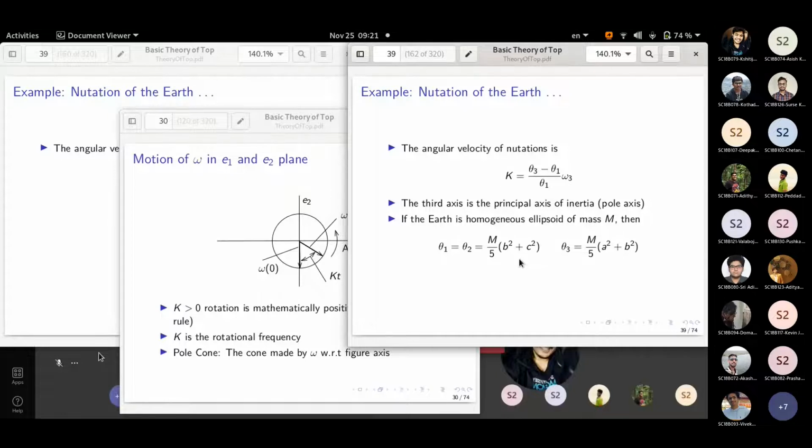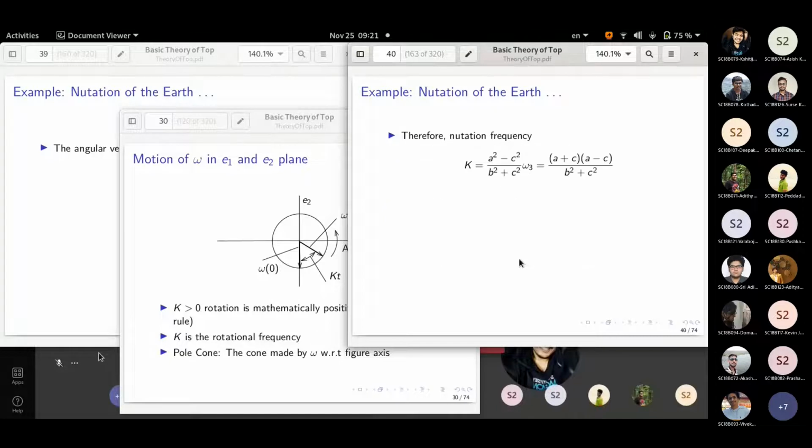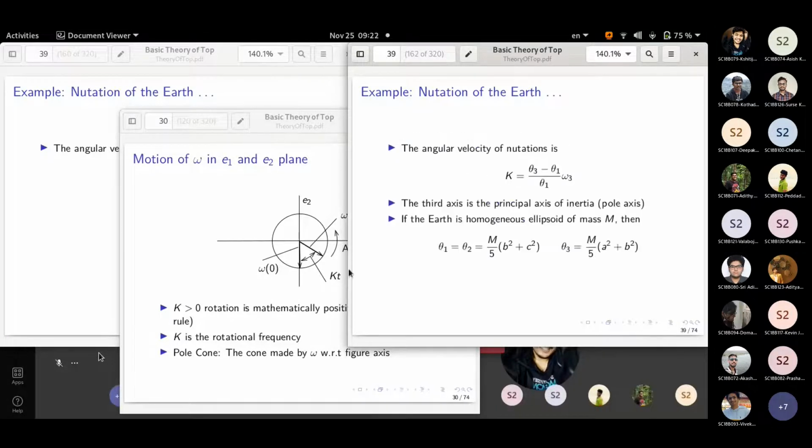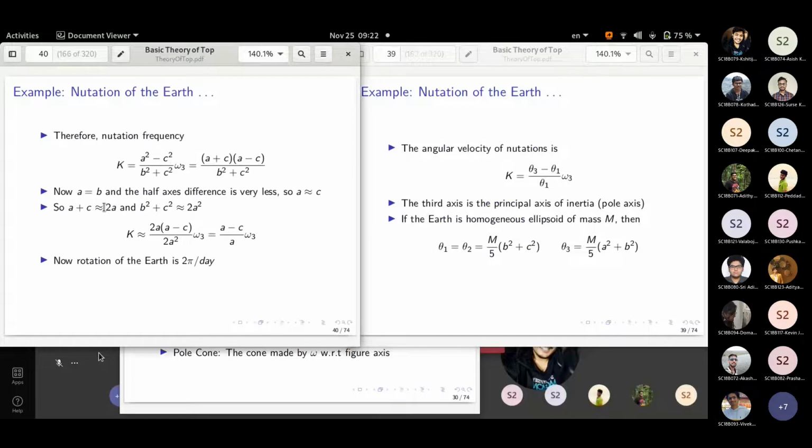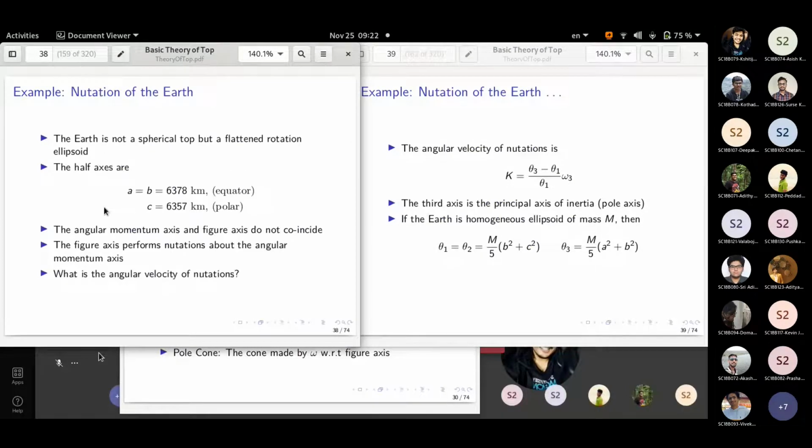And then for theta 3, you get a square plus b square. A, B, C are your three different lengths. What are A and B? We had defined them here. A and B are equal along the equator, and C is along the polar direction.